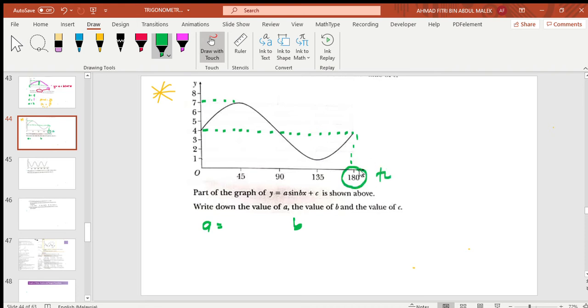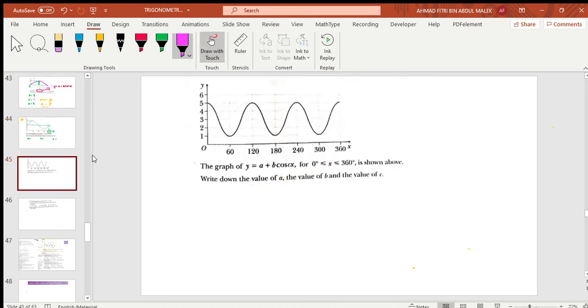So what is the period? You can find value of B by using the period, or you just sketching or understanding the shape of the graph like I showed to you just now. And the value of C is how many unit the starting point of the graph is from the horizontal or from the x-axis. Any comment?